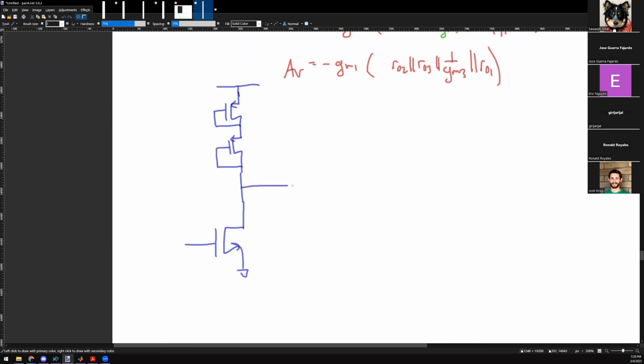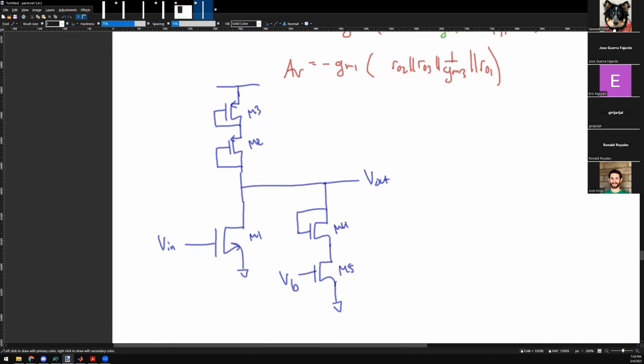Everything is a diode connection then. V bias. And I call this V out, and I call this V in. Okay, any questions? And let's call it M1, M2, M3, M4, M5.